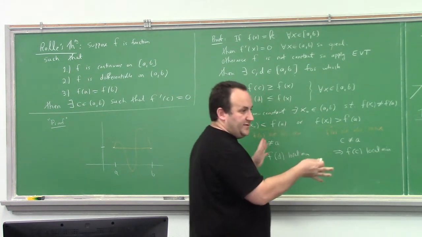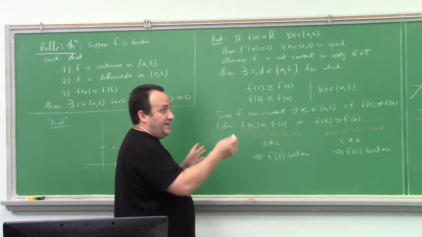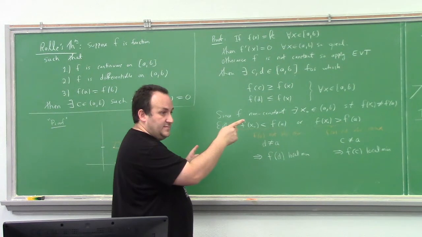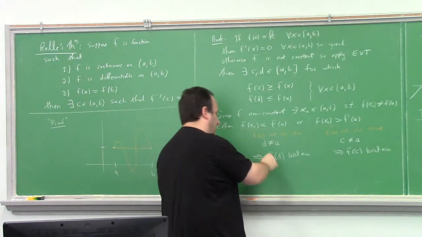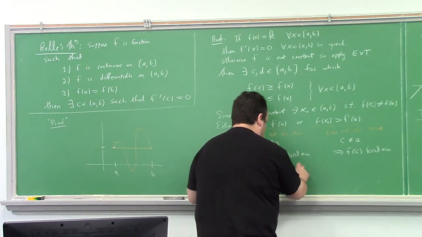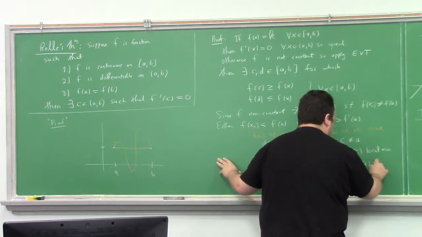Right? They're not the endpoints. But then by Fermat's theorem, what's that tell us? Fermat's theorem says that f prime of D is equal to 0 in this case, and f prime of C is equal to 0 in that case.